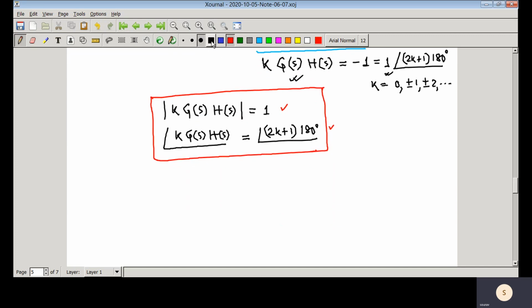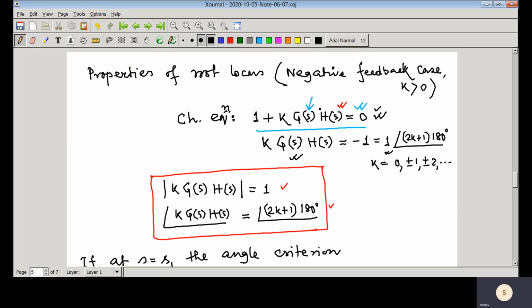So here we can write that at s equal to s1, the angle criteria. What we are trying to say about the characteristic equation is that if a value of s satisfies these two conditions, then it is a root of this equation.